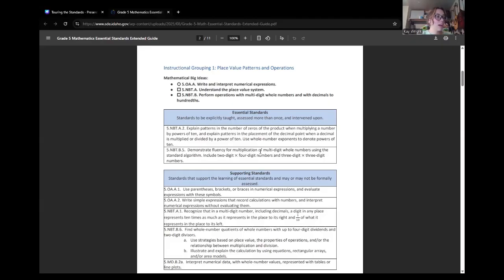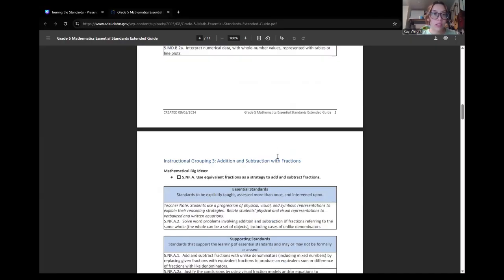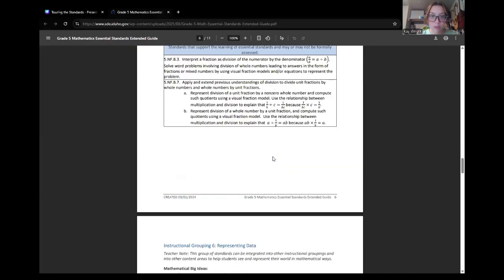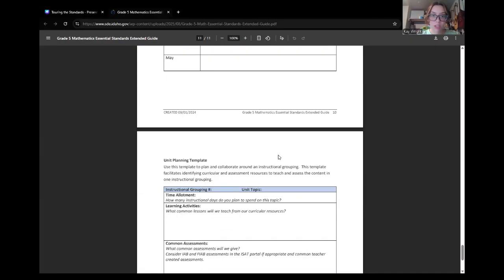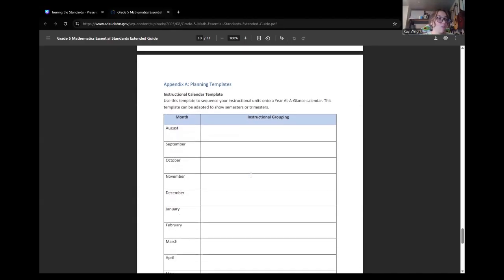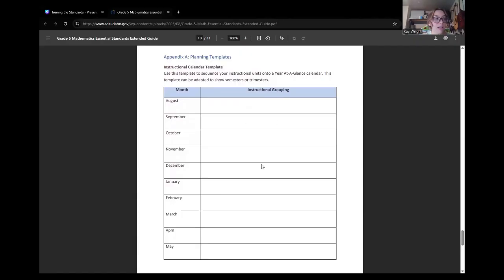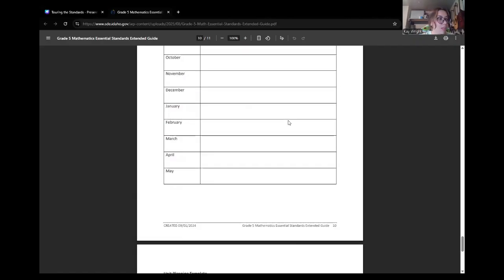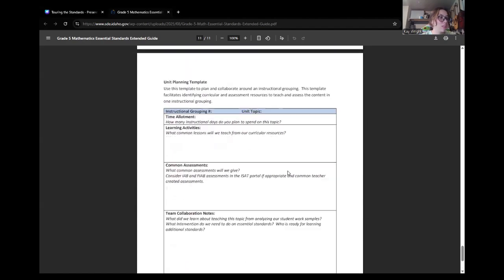The last section of this guide, starting here, is Appendix A, as they call it. It gives planning templates to help teachers map out the year and plan out units. Overall, it goes from general information to organizing standards, then tools for planning. So that's how that goes.